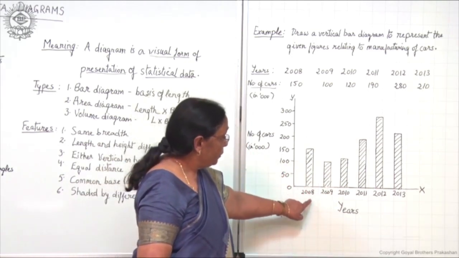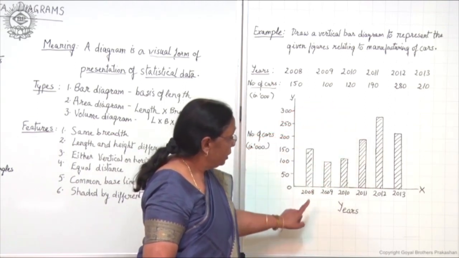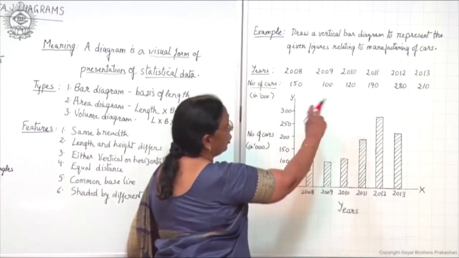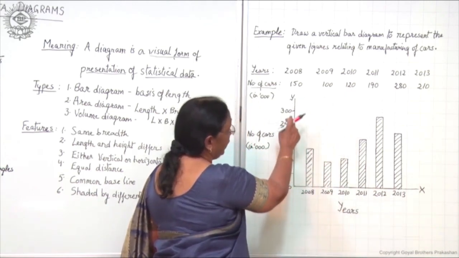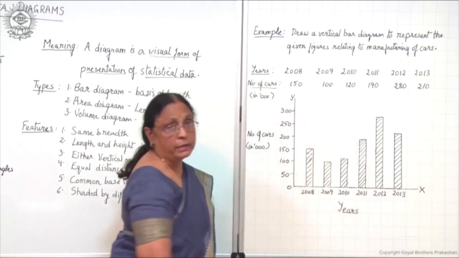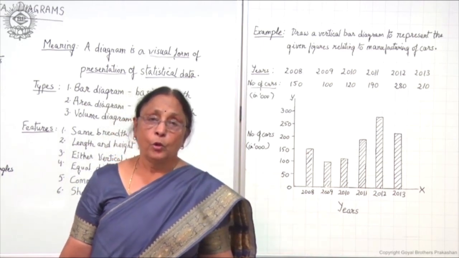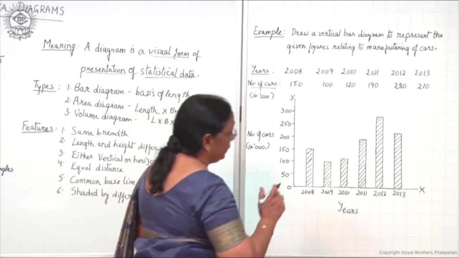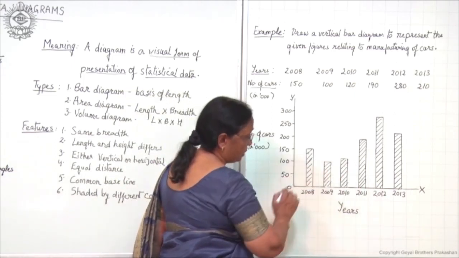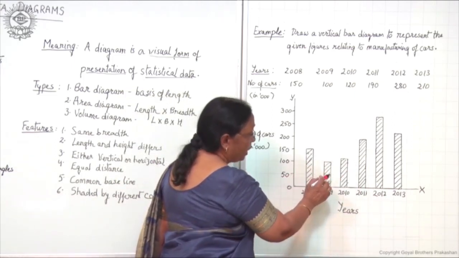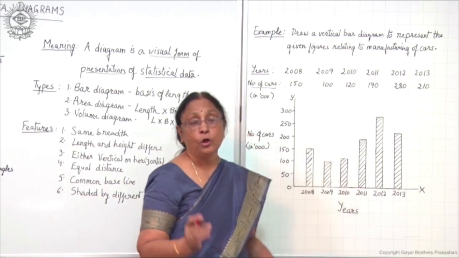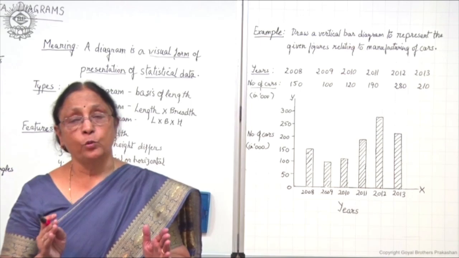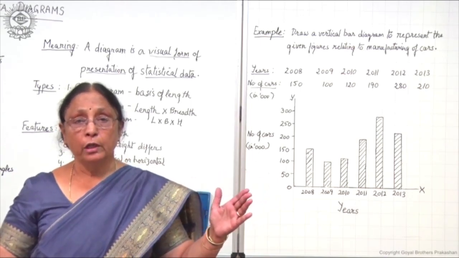Now, according to data given here, for each year you are supposed to draw the bars according to their numerical value. Now, one thing I should tell you here, always remember that when you are drawing the bars, these bars should be of equal width. It should not be such that one bar is very broad and one is narrow.